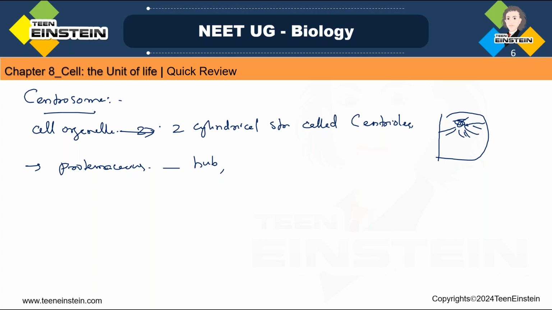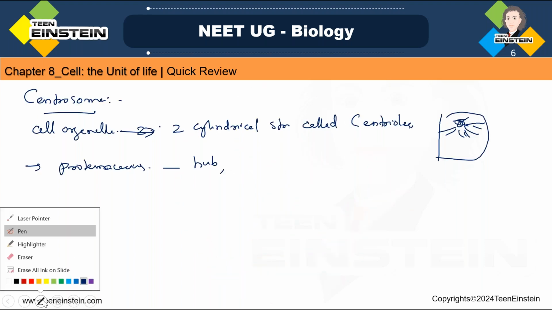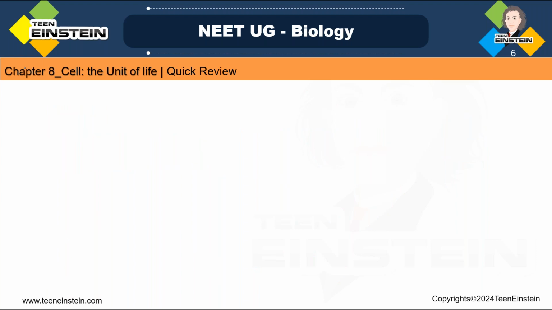So the basal body of cilia or flagella or spindle fibers gives rise to a spindle apparatus during cell division of animal cells or plant cells. Okay, spindle apparatus. Next, you need to learn about the nucleus.